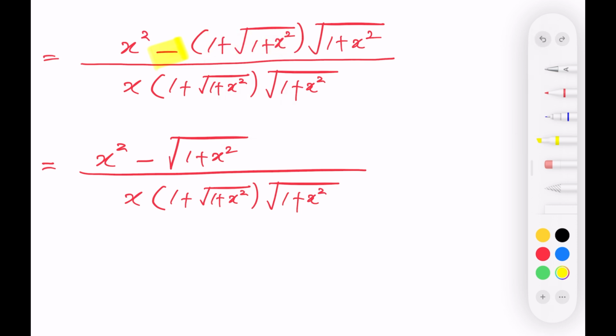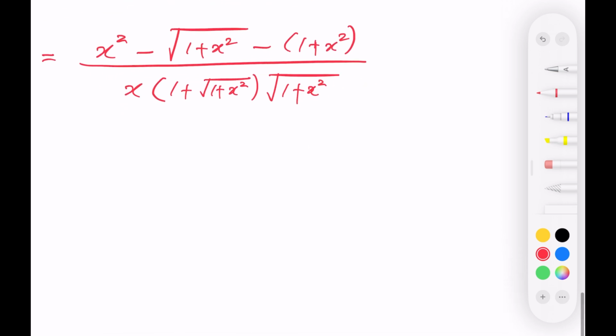Therefore, when I distribute that negative symbol to that second term and multiply this square root 1 plus x squared with the other square root 1 plus x squared, they will become just minus times 1 plus x squared. Now we need to simplify it some more. You can see that this is a positive x squared and this x squared has this negative symbol. Once that negative symbol is distributed, those two terms will be cancelled out.